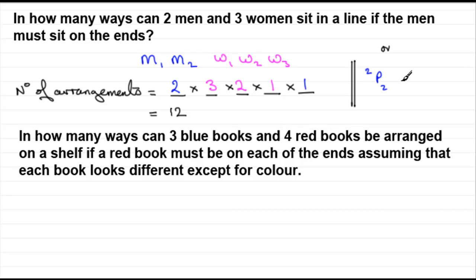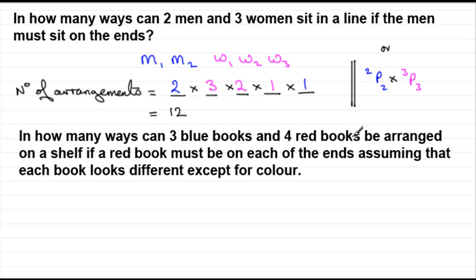And then we would need to multiply that by how many ways we can permutate the women. That is, from 3 women, permutate 3, 3P3. If you do this on your calculator, you'll find you get exactly the same answer here, 12.